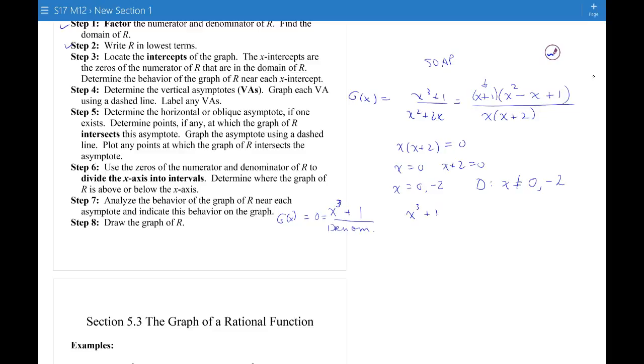So x cubed plus 1 equals 0 when x cubed equals negative 1, when x equals the cube root of negative 1, which is negative 1. So we have an x-intercept at negative 1, 0. And this is the only x-intercept.